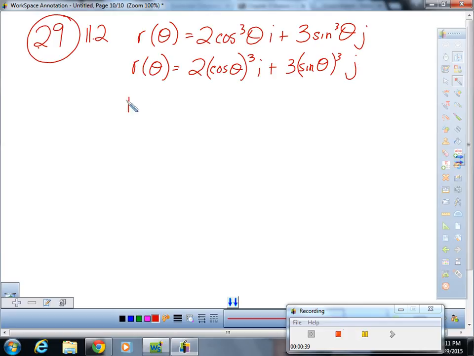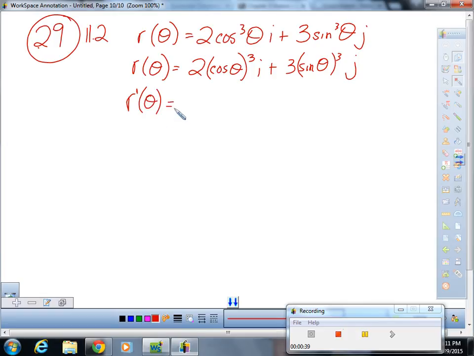Okay, so in order to find the interval in which this curve is smooth, I've got to find all the places where the derivative is equal to 0. So let's find the derivative.